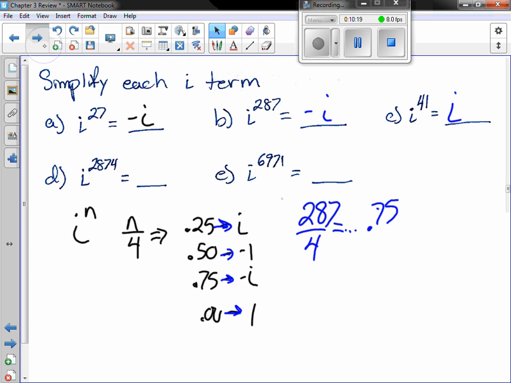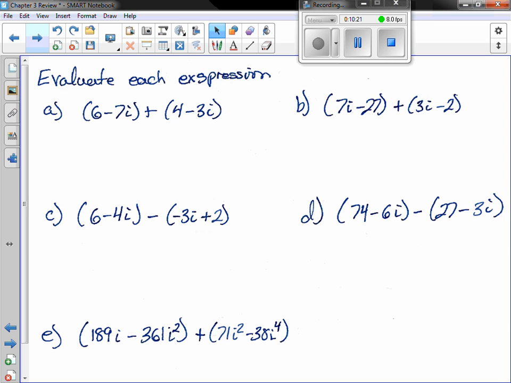Evaluate each expression. Any one of these here that you want to look at? E? Okay.